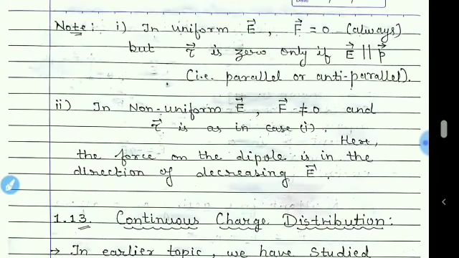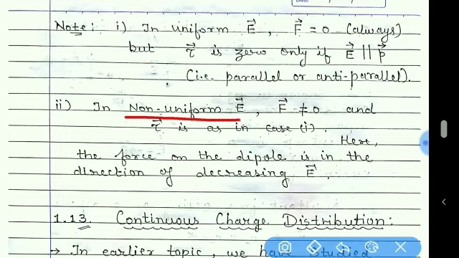Now the second point, in a non-uniform electric field. Now see, we obtained the formula for the dipole in a uniform electric field, but here the case is given for a non-uniform electric field. In a non-uniform electric field, the force acting on a dipole will not be equal to 0.